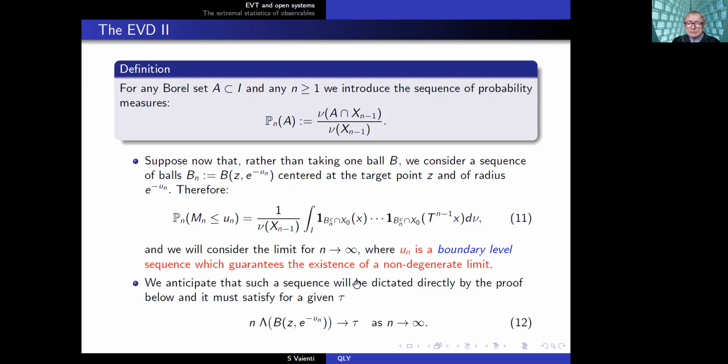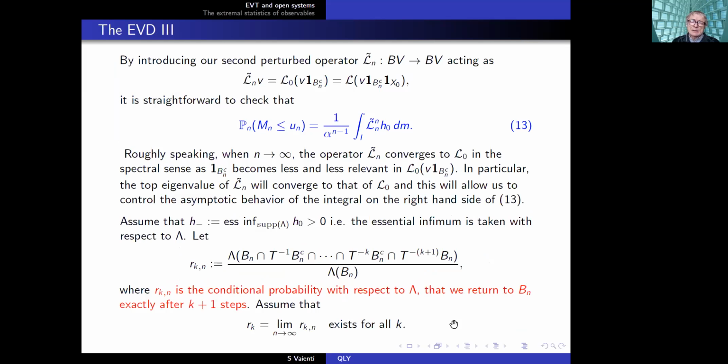Now, this integral can in turn be rewritten in terms of a new operator, which is the second perturbative operator, which I'm going to introduce. If you remember, the first perturbative operator, which is L naught, was obtained just by multiplying the function v by the characteristic function of x naught. Now I take it and I multiply also by the characteristic function of the complement of the target set.